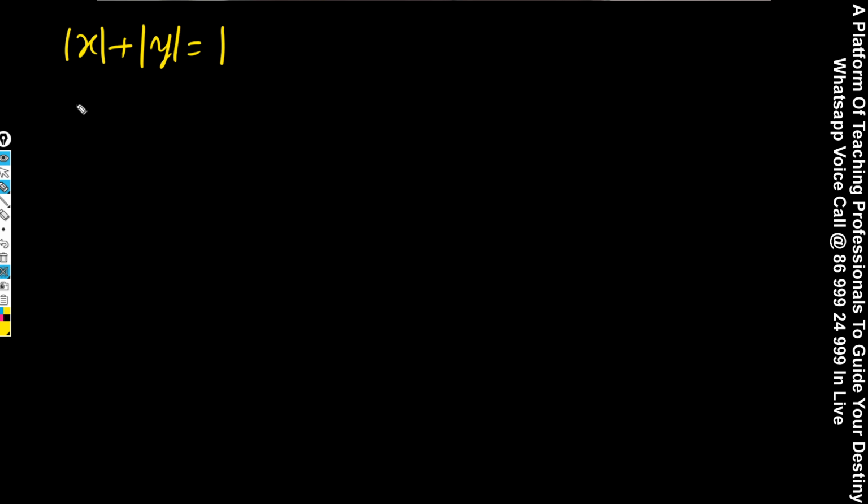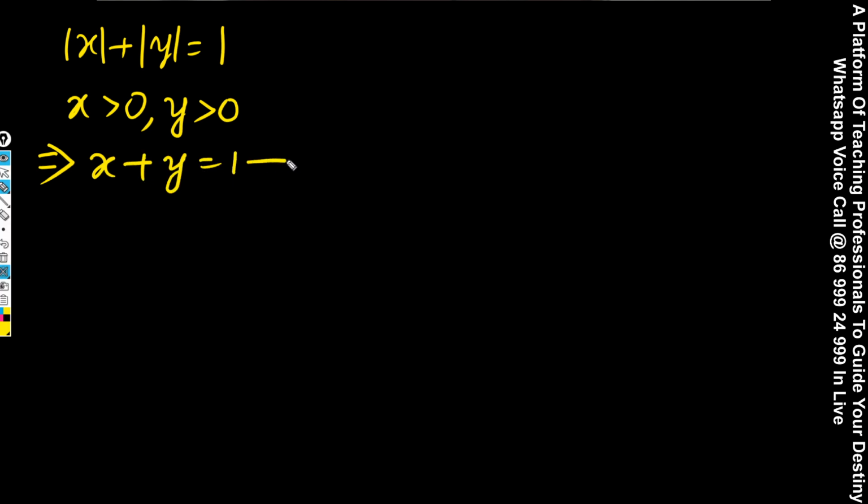Now, understand it carefully. Here, x greater than 0, y greater than 0, both are positive. No need to think anything about the modulus. Remove the modulus directly: x + y = 1. This is the first line. Now, x greater than 0, y less than 0 implies x, and for y less than 0, minus y.